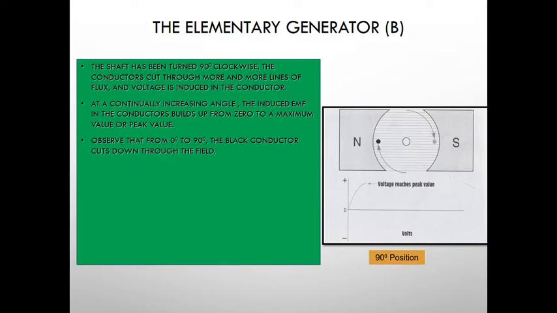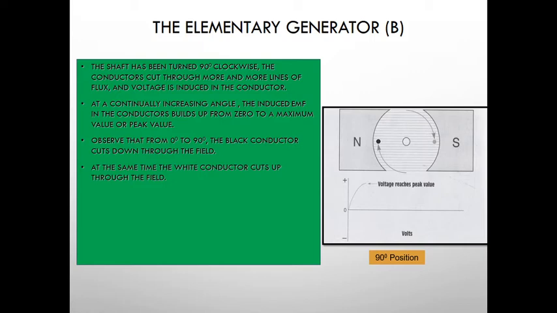Observe that from 0 to 90 degrees the black conductor cuts down through the field, cutting many lines of flux. At the same time the white conductor also cuts.